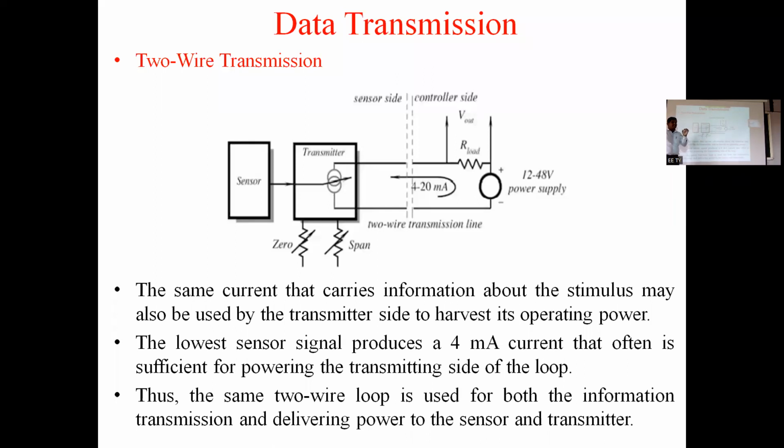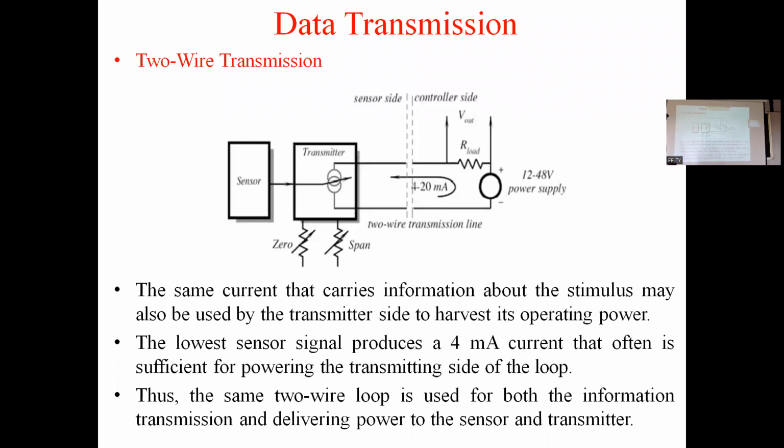That means at 4 milliampere, not less than 4 milliampere, this enables the operation of this transmitter. That means it will generate the current. So 4 milliampere current is sufficient to power the transmitter side, or to generate this current.